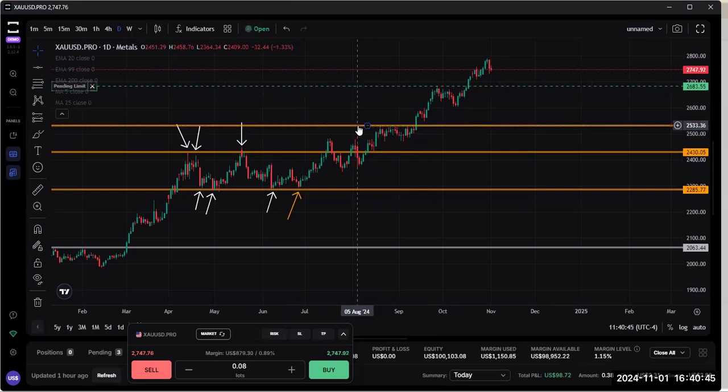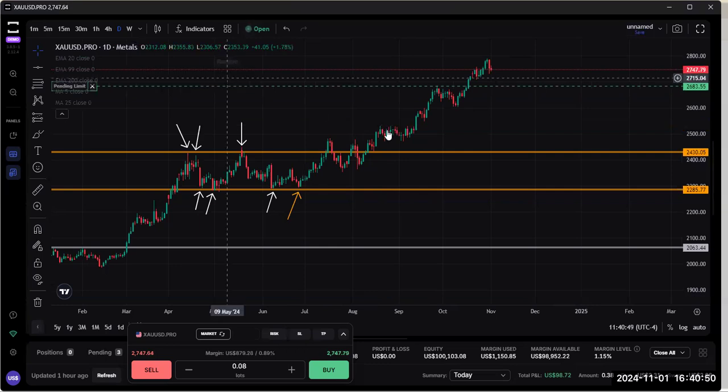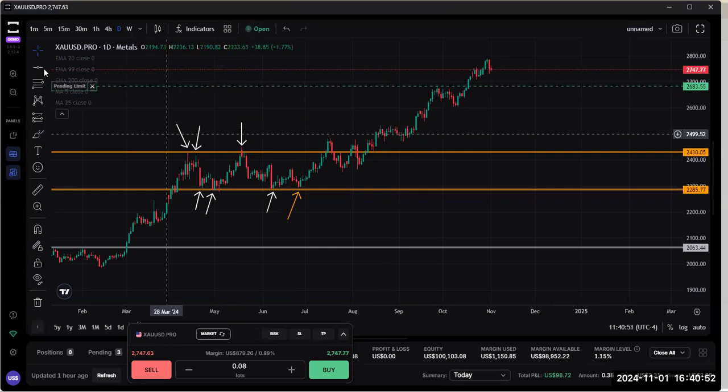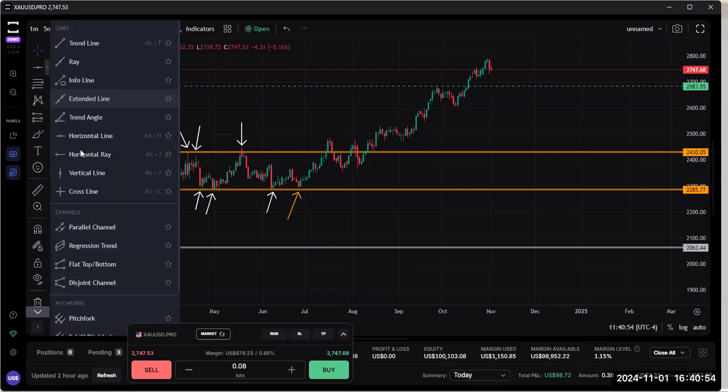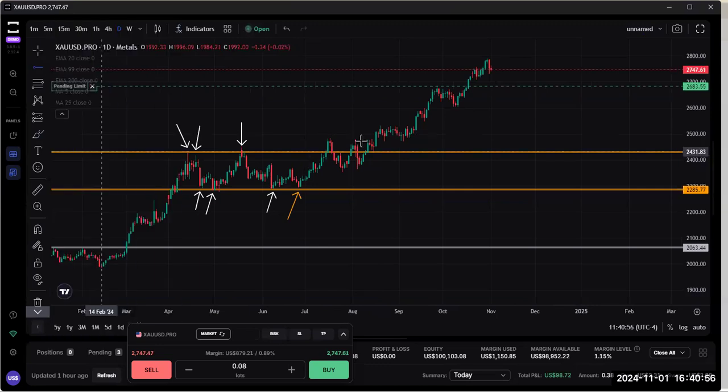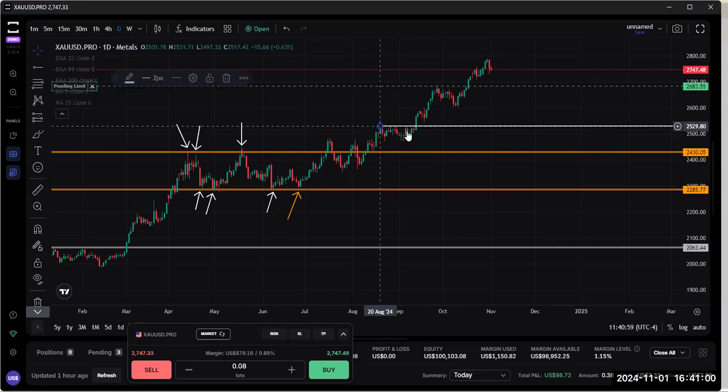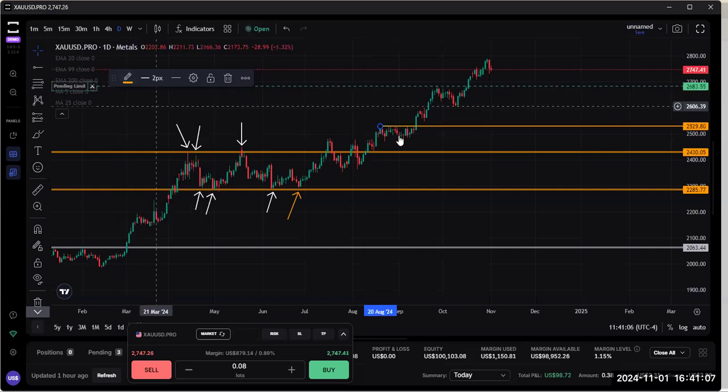Okay, so in this case, instead of using the horizontal line, since it doesn't run all the way to the back, I'm going to use horizontal ray. The horizontal ray will just show me from here. So let me change it to my yellow.